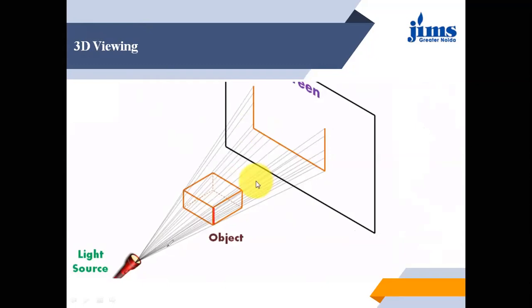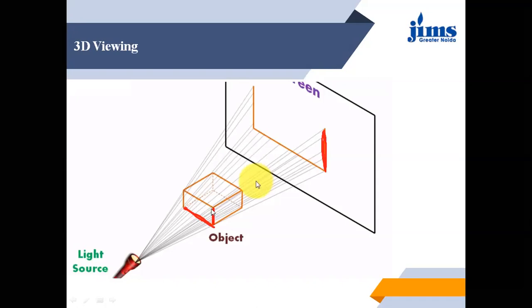These are the lines that start from the light source, and they touch the screen at this position. So this is the image of this line only. First we saw the image of this, then we discussed the image of this one, then the image of this one.